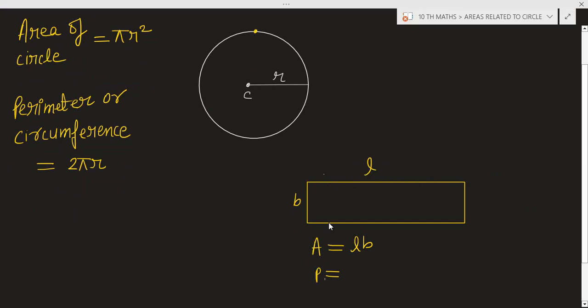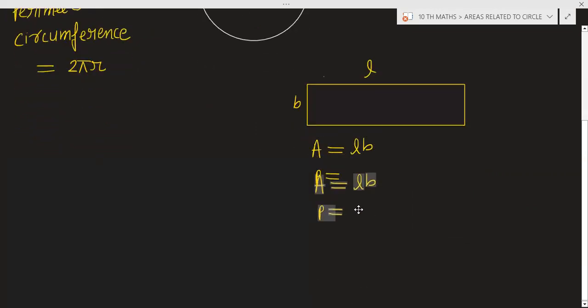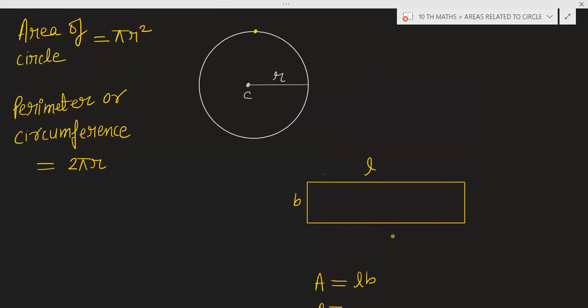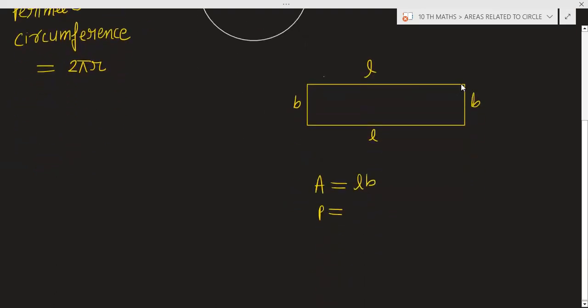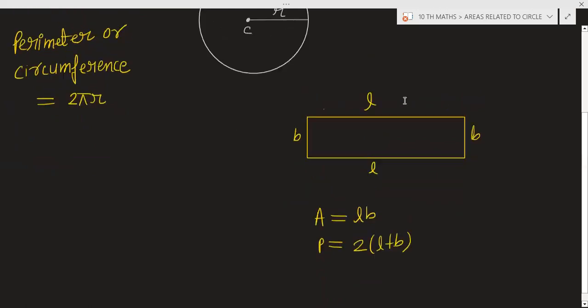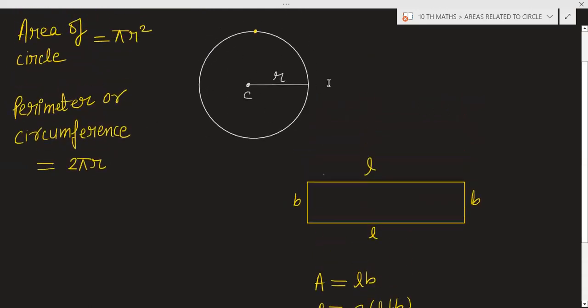In case of the rectangle, the opposite sides are equal. So if this side is L, the opposite side is also L. If this side is B, then the opposite side is also B. So just calculate total boundary length: L plus B plus L plus B means 2 times L and 2 times B. So you can say 2 times (L plus B). So circumference of circle means the length of the boundary or the perimeter.